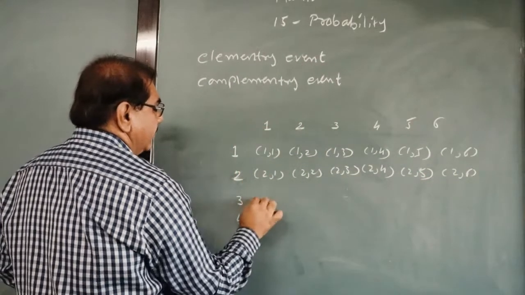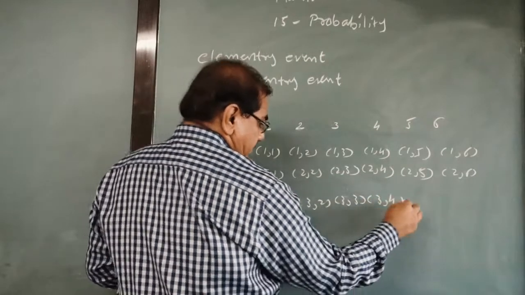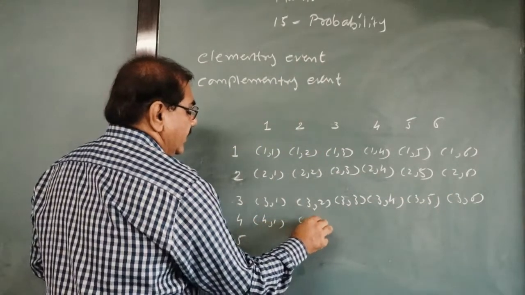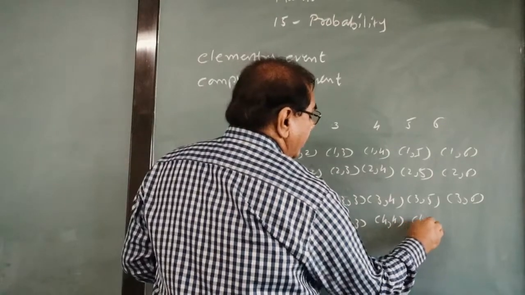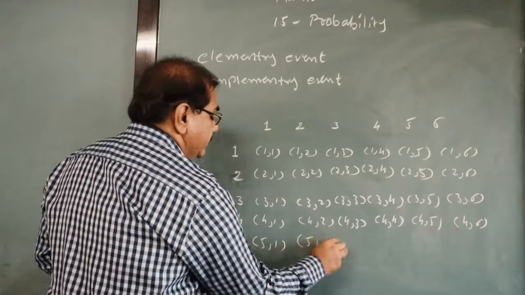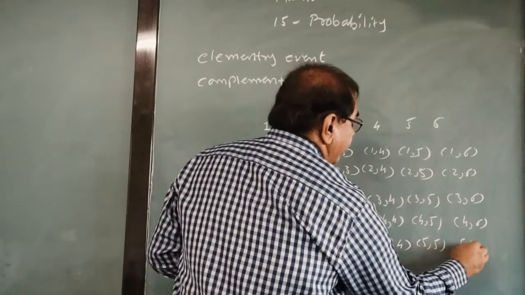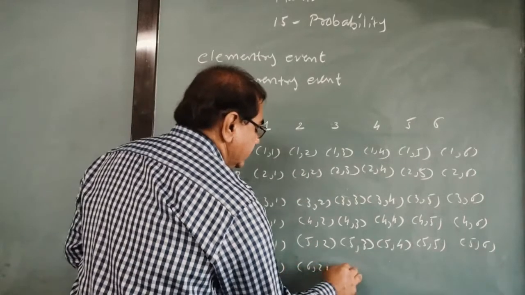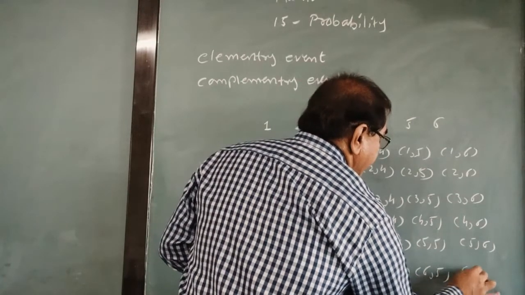Third row: 3,1; 3,2; 3,3; 3,4; 3,5; 3,6. Here 4,1; 4,2; 4,3; 4,4; 4,5; 4,6. Here 5,1; 5,2; 5,3; 5,4; 5,5; 5,6. Here 6,1; 6,2; 6,3; 6,4; 6,5 and 6,6.